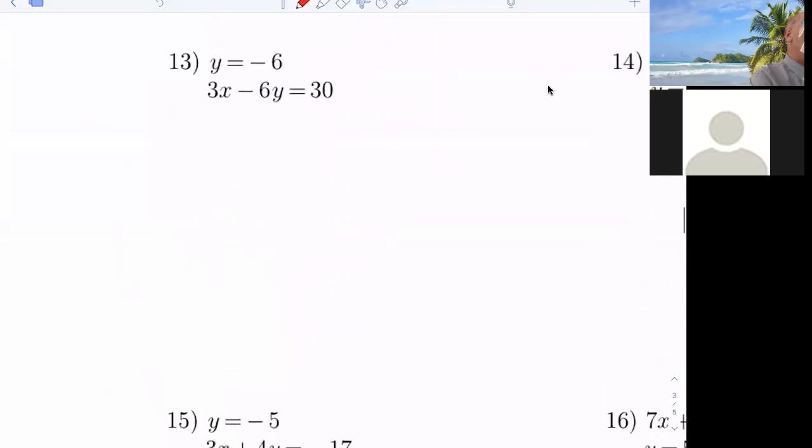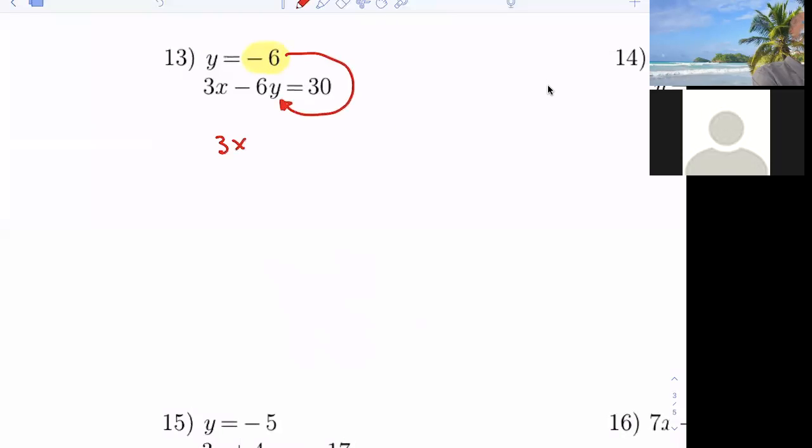Number 13. Now, why is this one nice? Because it has the y value already equal to something. What does y equal? Negative 6. So this one's an easy problem, right? We're substituting in negative 6 for y. So now I want you to be real careful when you do this substitution. 3x.